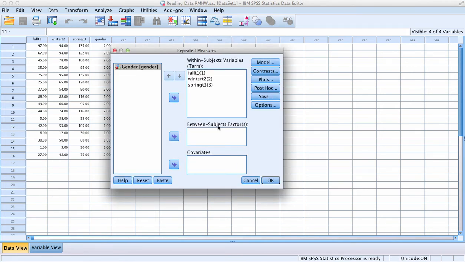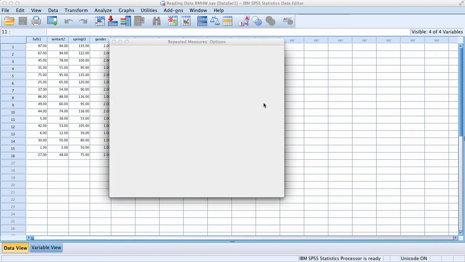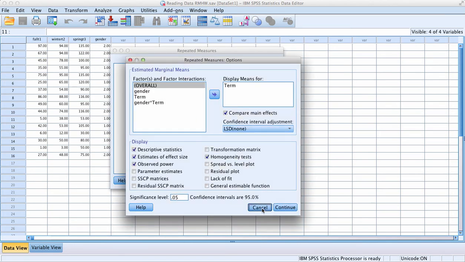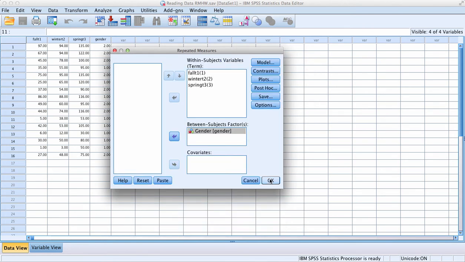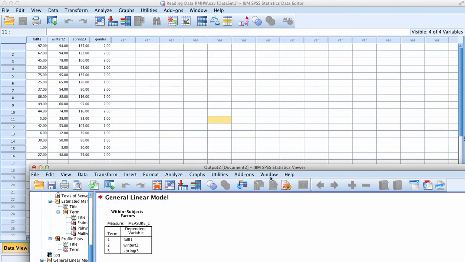And then we go Define, and we've already defined our levels, but now we want to add gender to the between subjects factor box, and everything here should already be checked from the last time, except it would probably be a good idea to have gender means displayed, and then the gender by term means displayed, and then continue, and then OK.